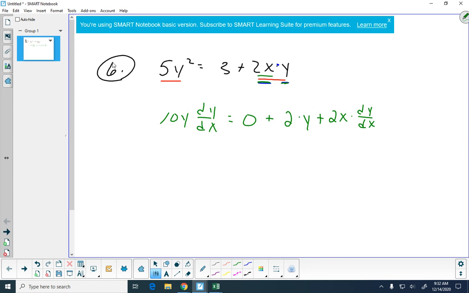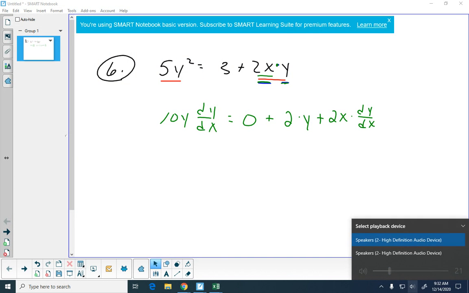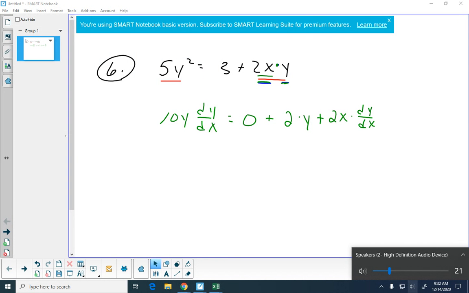Because we have the derivative of the first times the second, plus the first times the derivative of the second. So we have the derivative of the first, which is the 2y, times the second, or 2, which is then times the y, plus the first, which is 2x, times the derivative of y, which is dy dx.